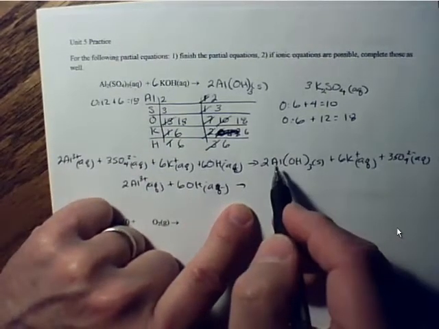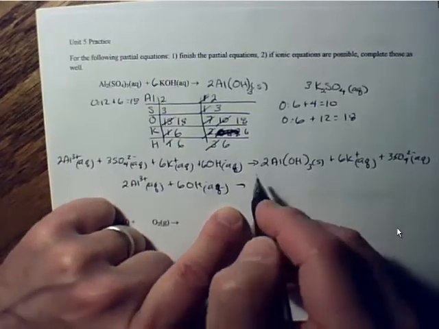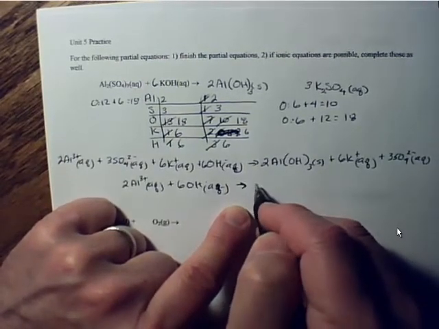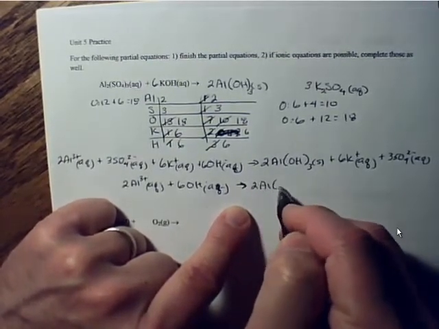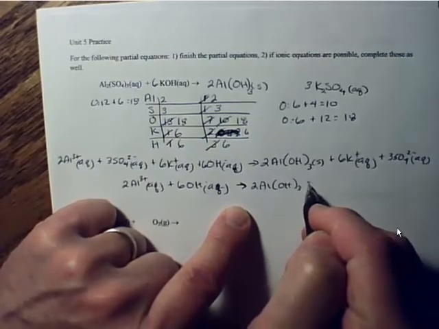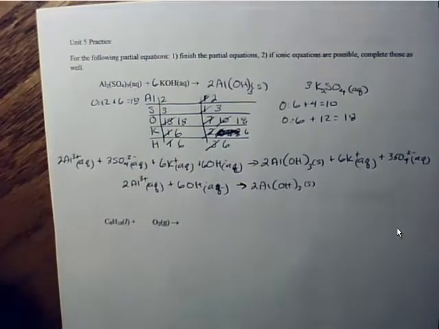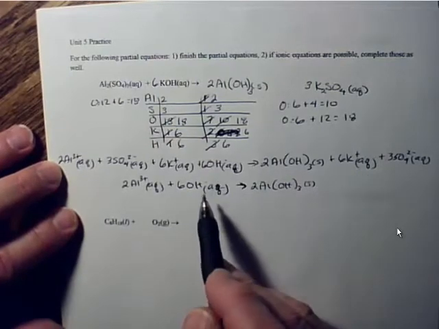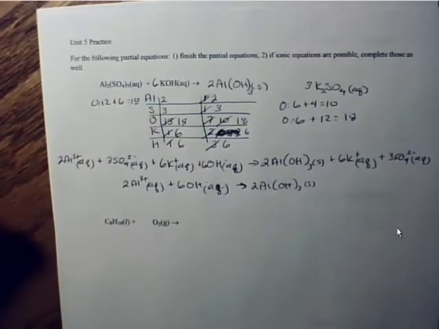Okay? And so the only thing that has changed over here is this aluminum compound, aluminum hydroxide. Okay? And that's the complete ionic equation there and the net ionic equation here.